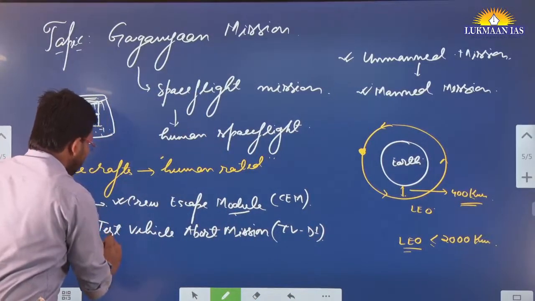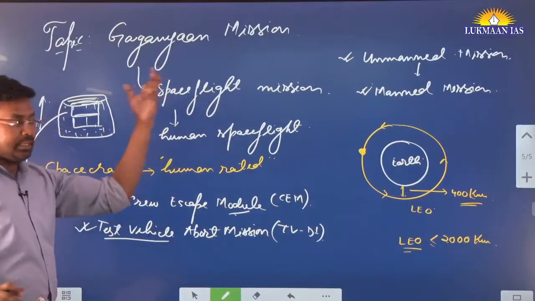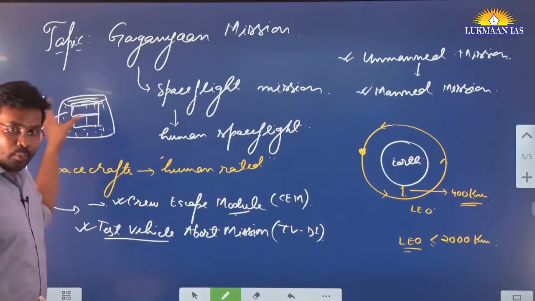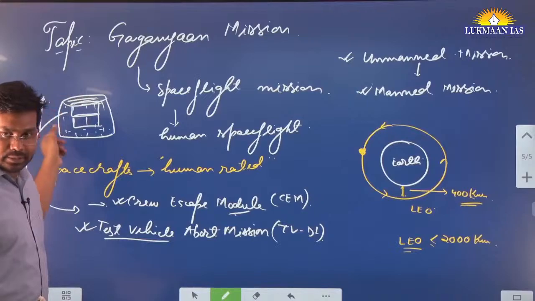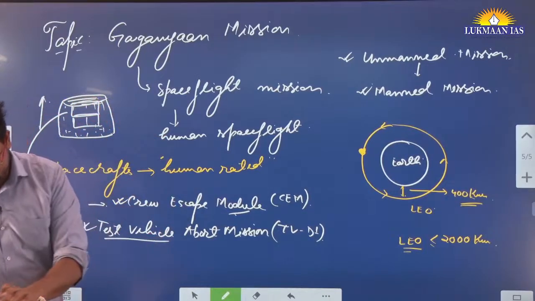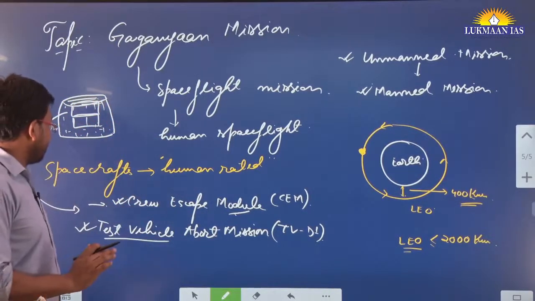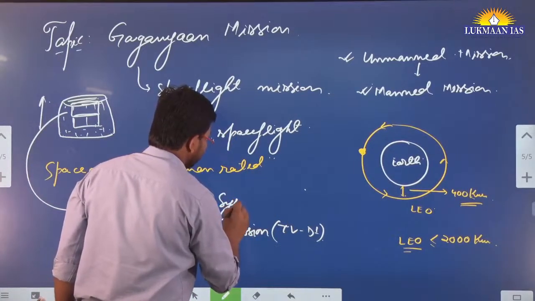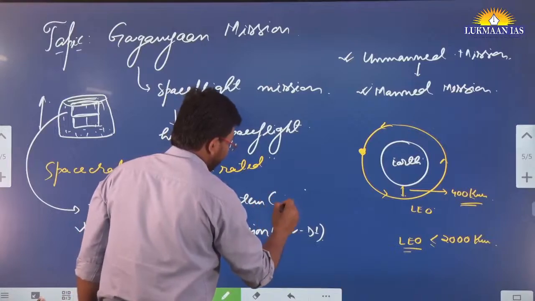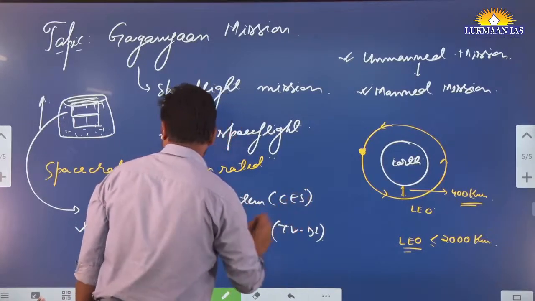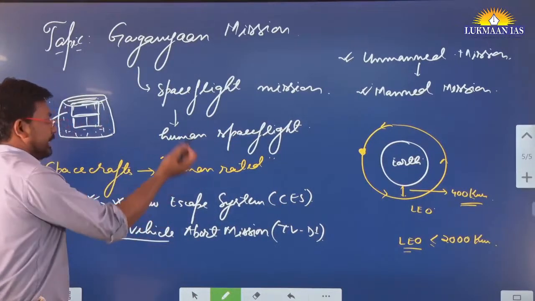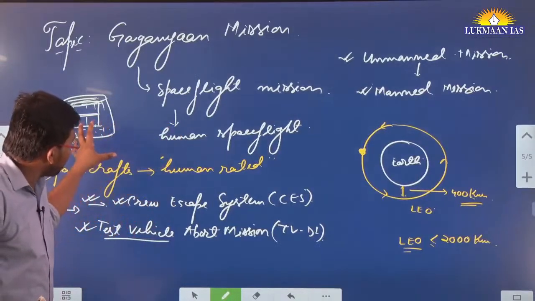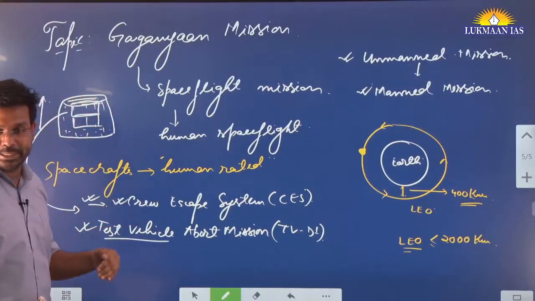They are going to conduct this test to see whether the test vehicle will be able to abort, will be able to come out of this module. And then they have the crew escape system. Instead of module, write down system. Using this, the crew, the human beings who are part of this module, will be able to escape from here.